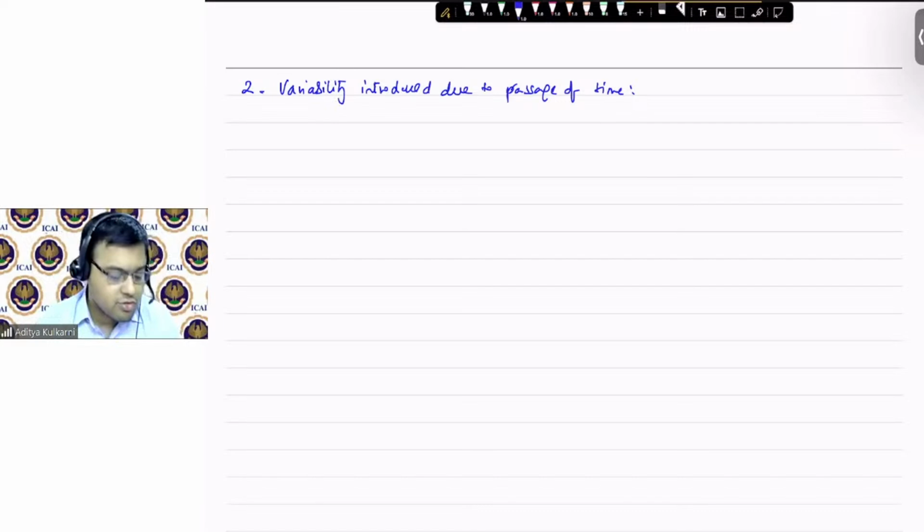Variability introduced due to passage of time. So now, in current scenarios where you have startups, there is normally a variability introduced.